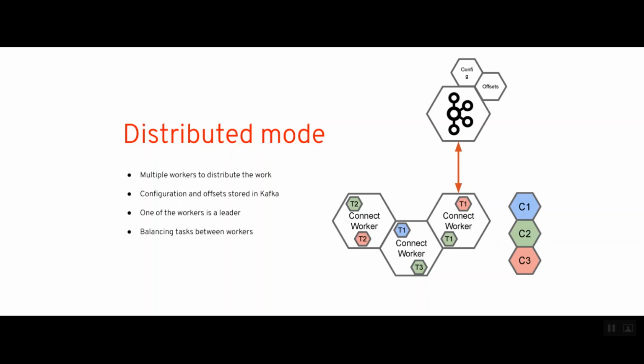These workers will share the work, and the configuration and the offset will be stored in Kafka. In this case, you will also have the concept of leader. So one of the workers will be the leader, and you will also have the balancing of the tasks between the workers.